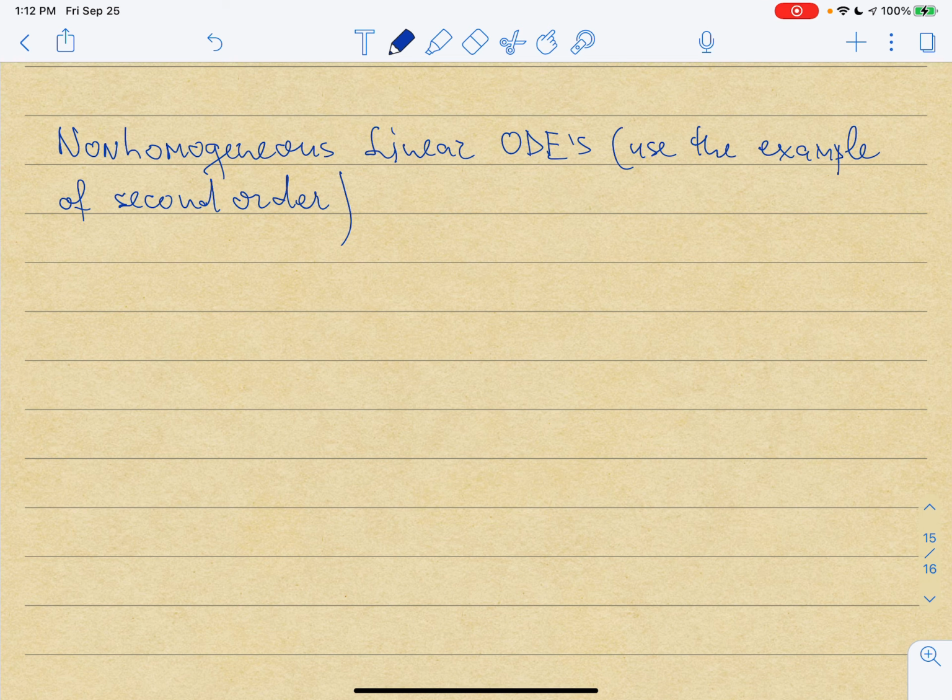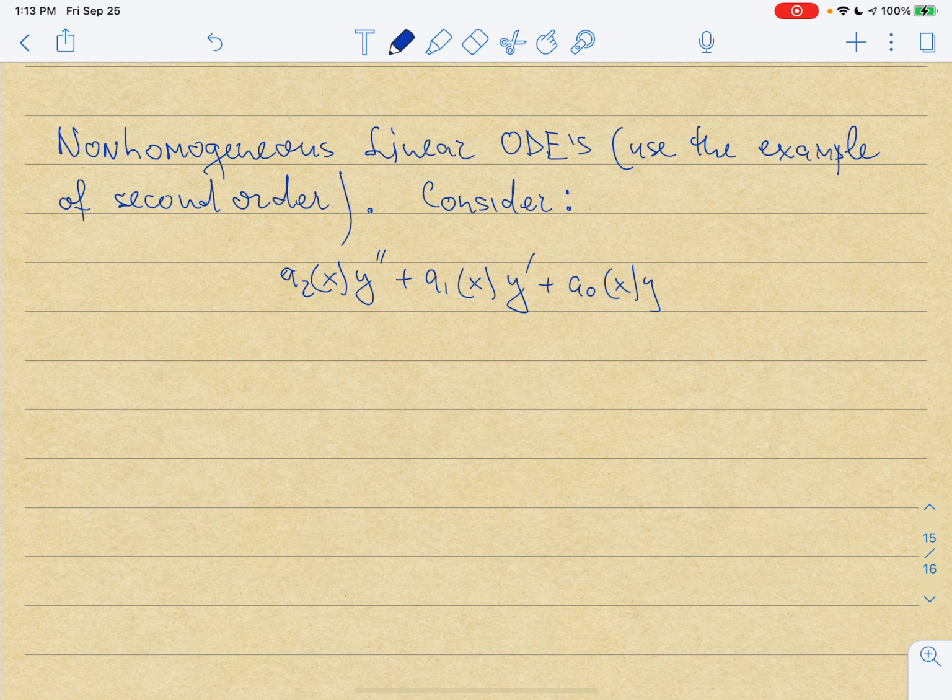Okay, so I'm going to consider the equation A2 of x y double prime plus A1 of x y prime plus A0 of x y equal to 0.